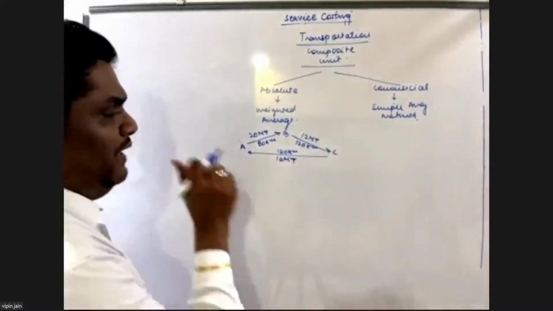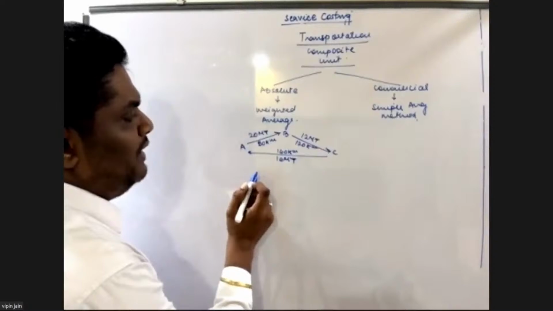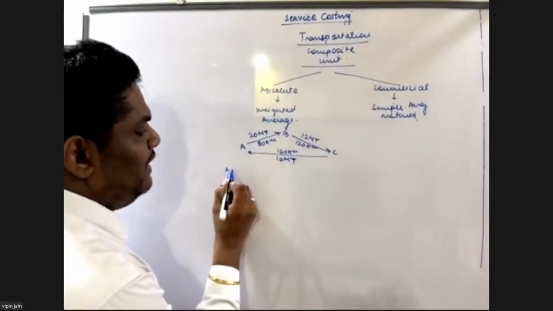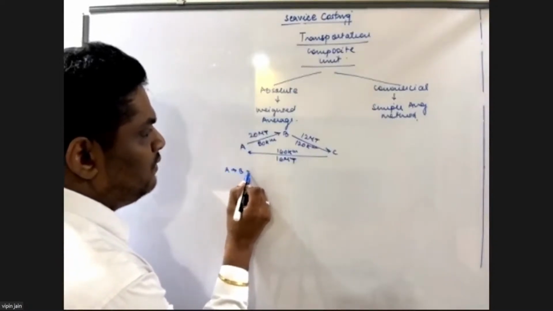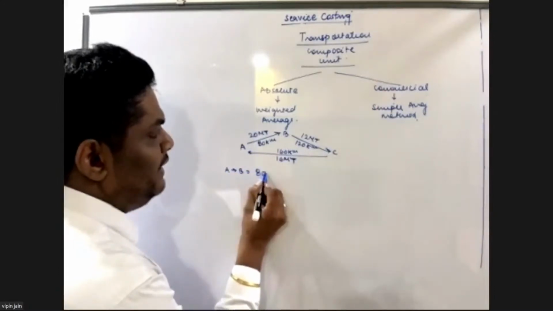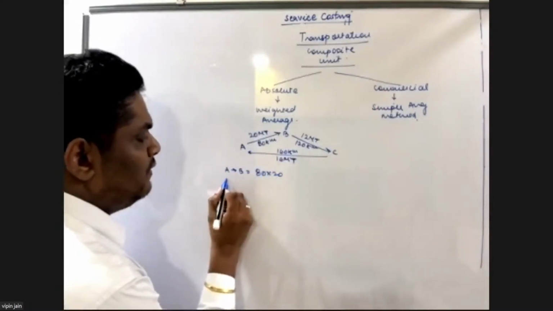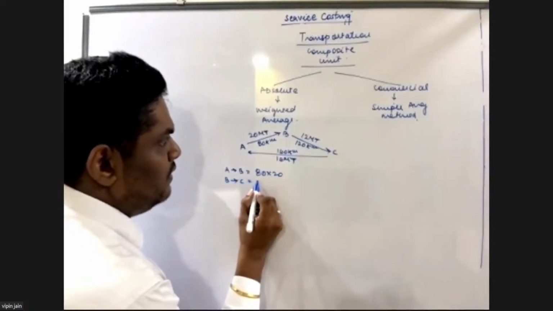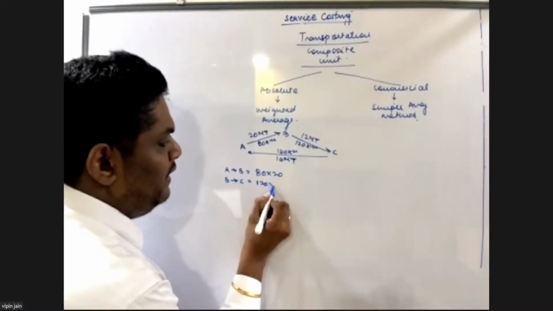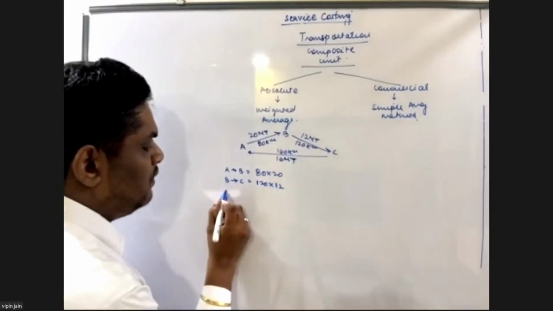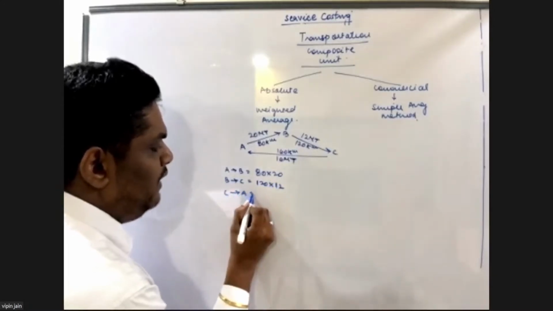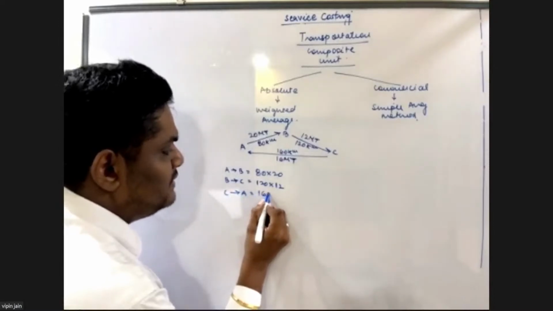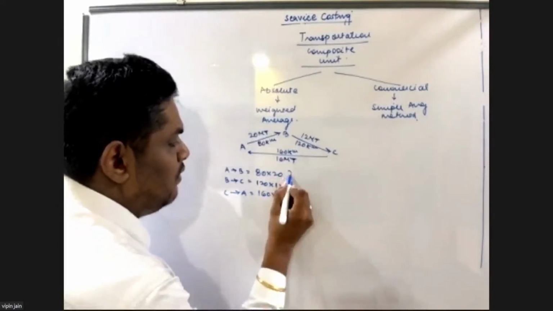So we will calculate the total ton kilometers, wherein from A to B, the ton kilometers is 80 into 20. From B to C, it is 120 into 12. And from C to A, it is 160 into 16.